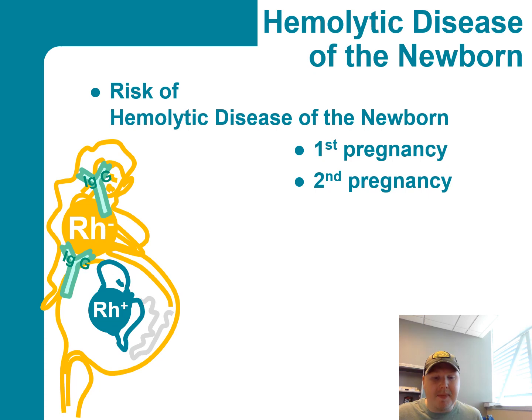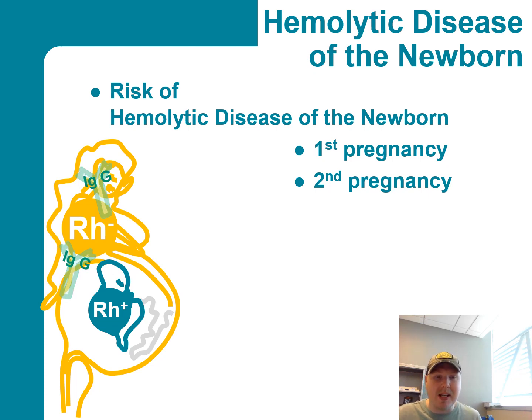And in fact, it is essential that it does occur because when the baby is born, we want the baby to have passive immunity as a result of the mother's antibodies. So this protects against all the bacterial and viral diseases that are around.